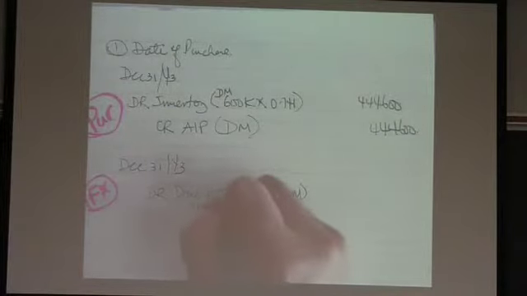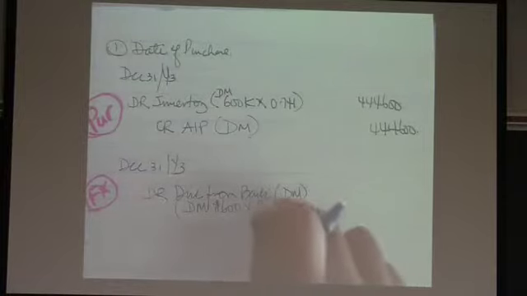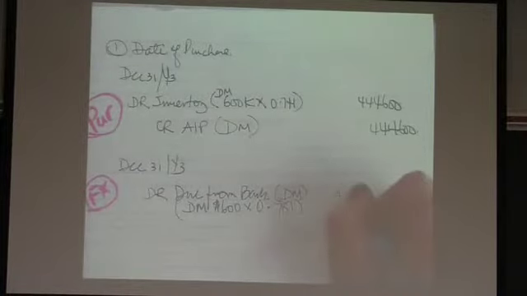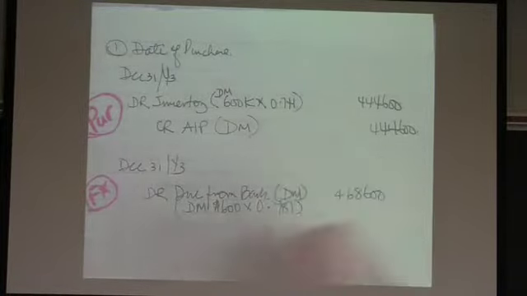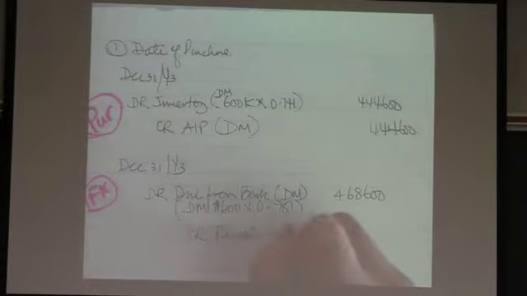That's 600,000 DM times 0.781. That's the value of the forward contract, 468,600. We're going to credit payable to bank in Canadian dollars. This one does not change.